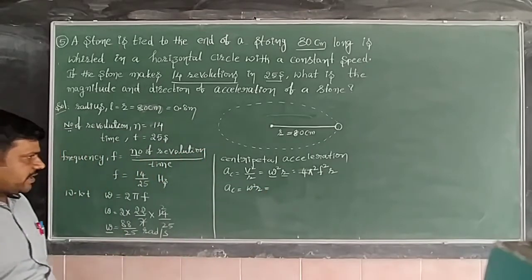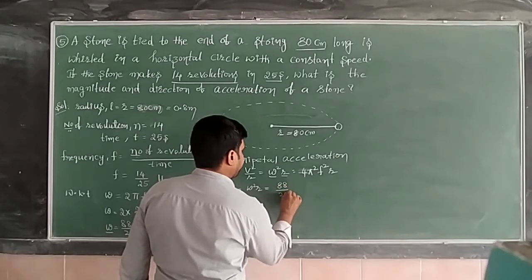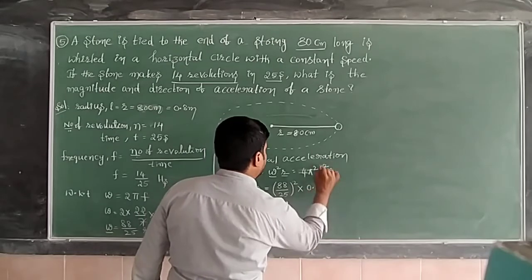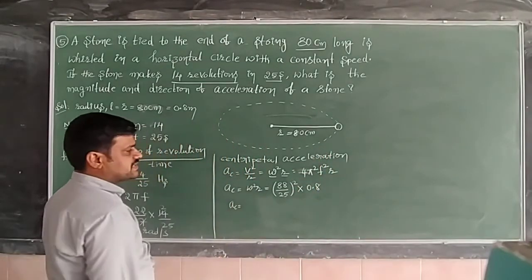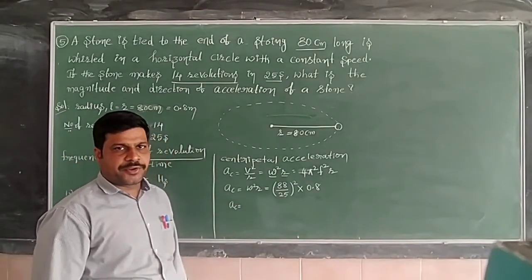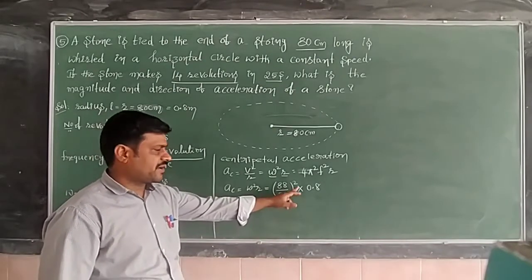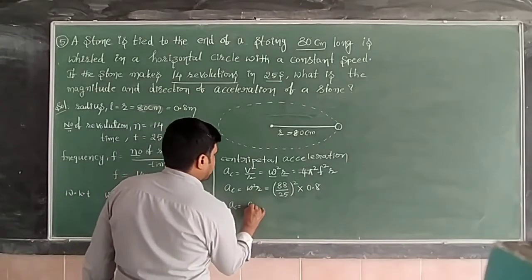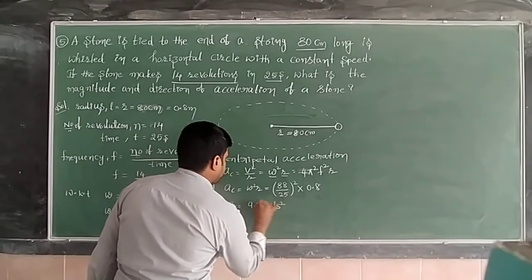Omega is 88 divided by 25, whole square, into r. Substitute r and simplify: do 88 whole square, divide by 25 whole square, and multiply that value with 0.8, and you get 9.91 meter per second square.